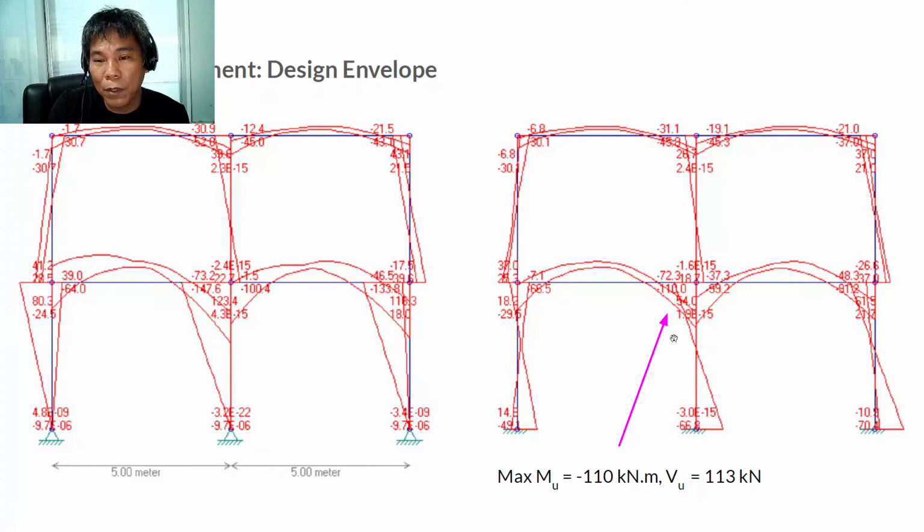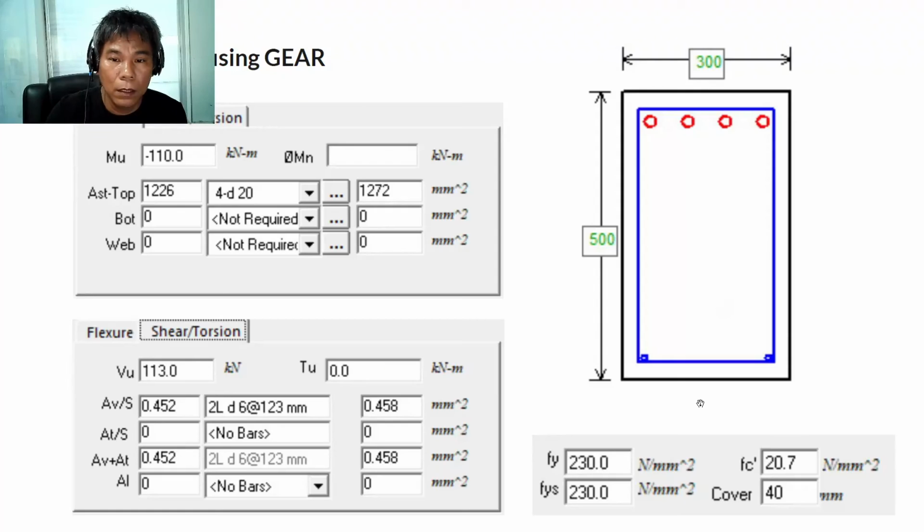The maximum Mu is minus 110. The shear is 130. So again, you can design the beam using software. You just put the material strength and the values for Mu and Vu, and it will give you the number of reinforcement. Here I just chose a section of 300 by 500, and it gave me 420 millimeter rebar.